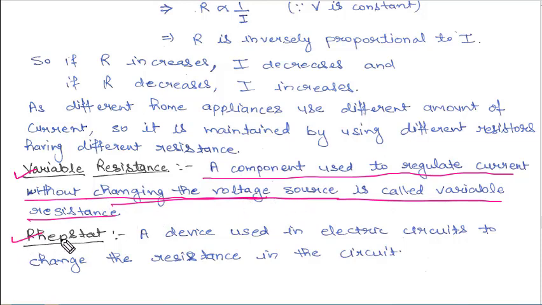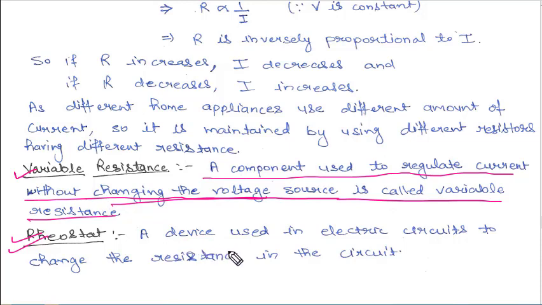Okay, next we have the rheostat. Now it is a device used in the electric circuit to change the resistance in the circuit. Device means you can consider it as a regulator of your fan. So that is a type of rheostat. You can get different values of resistance in your regulator of the fan.